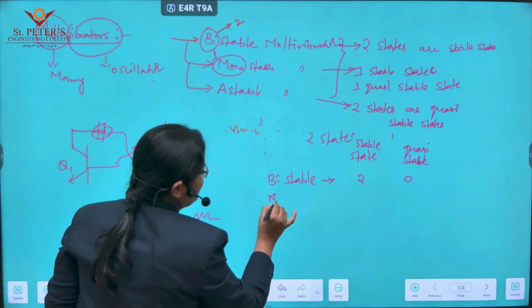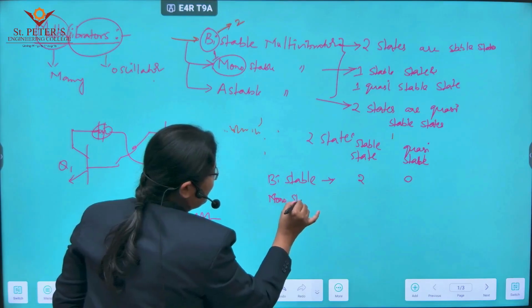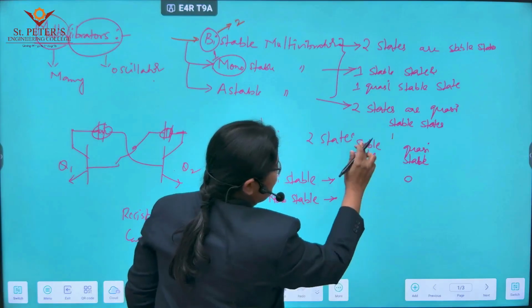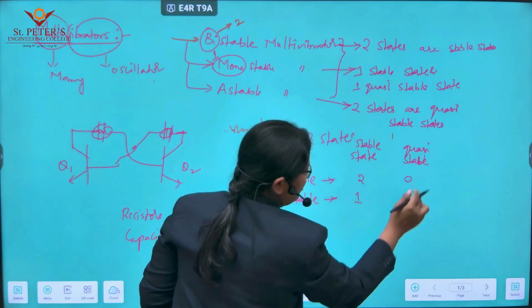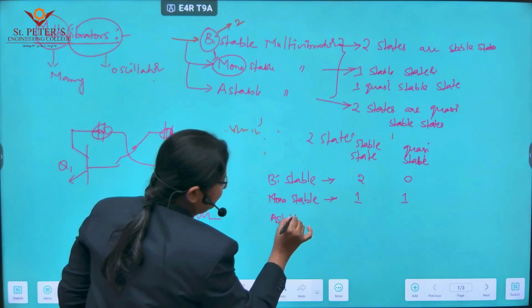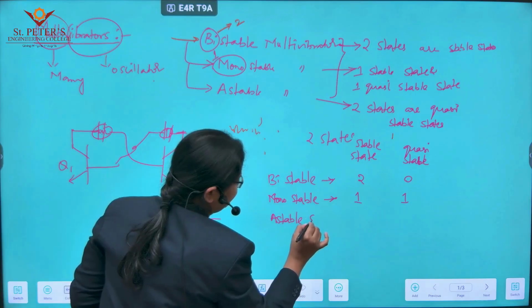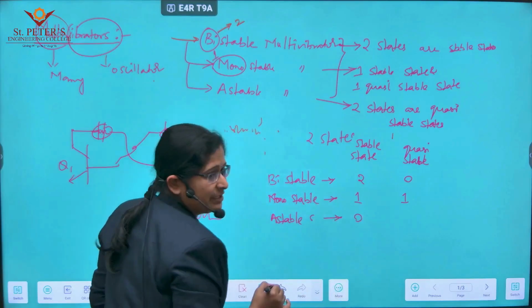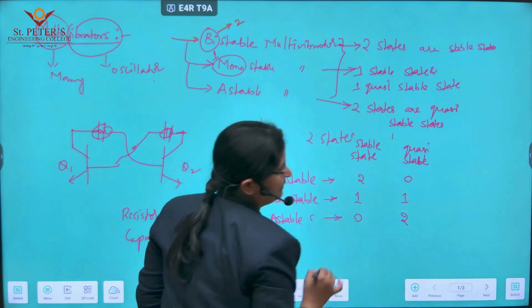Coming to monostable multivibrator, one is a stable state and one is a quasi state. And coming to astable multivibrator, zero stable states and two quasi-stable states.